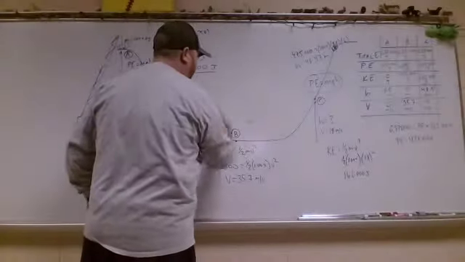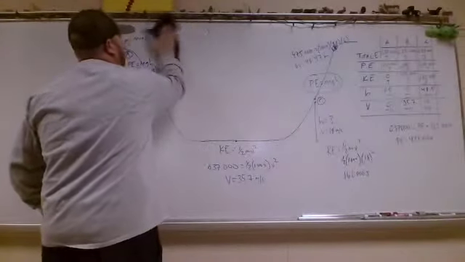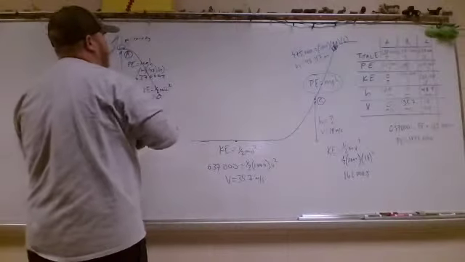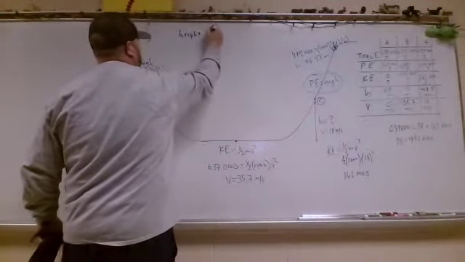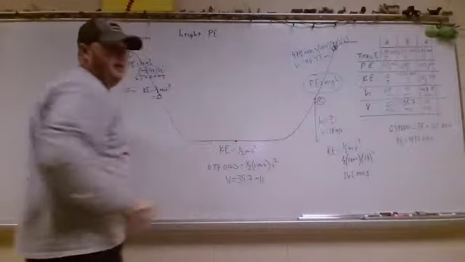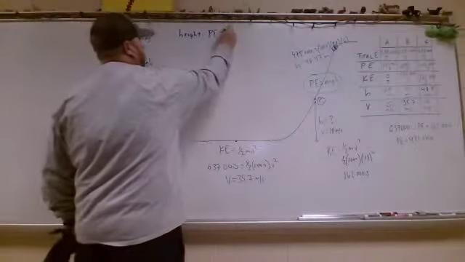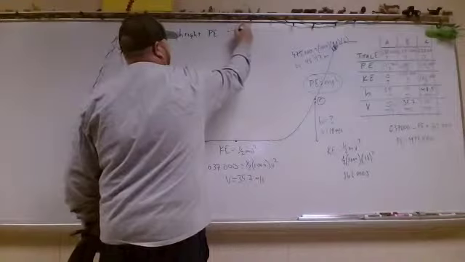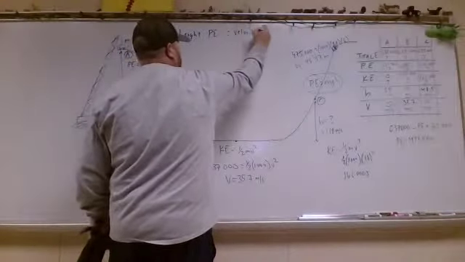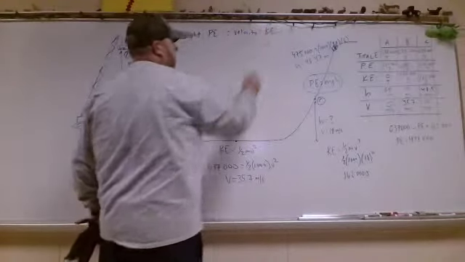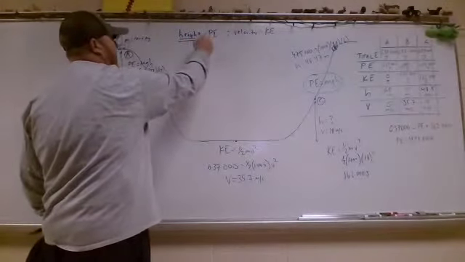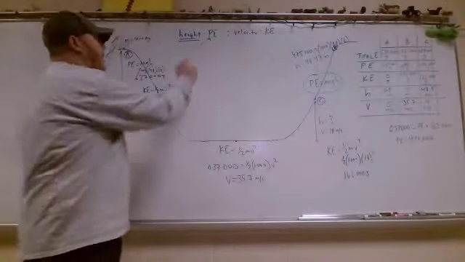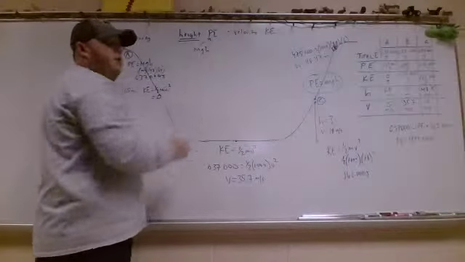Okay, so if we want to create an analogy, which I think might be helpful for some people, the analogy is height is to potential energy as velocity is to kinetic energy. So whenever I want a height, I need to use potential energy and mgh to do that.